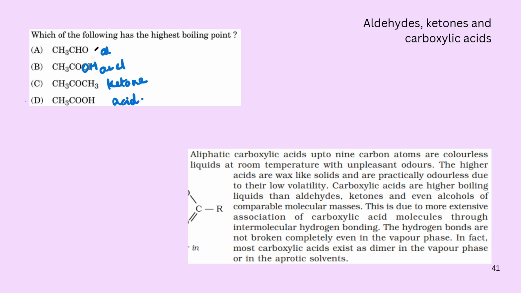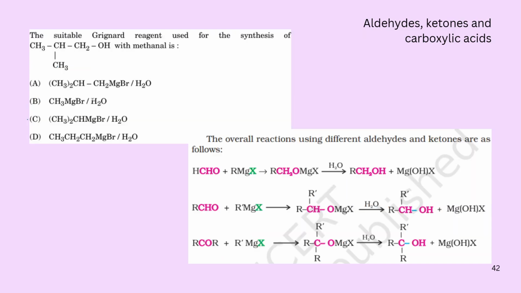So this won't be the case. And compared to aldehydes and ketones, acids are obviously going to have a higher boiling point when you have a comparable molecular mass. And because of that, the answer is option D, because of intermolecular hydrogen bonds. And I hope at this point you know what inter and intramolecular hydrogen bonds are. If you do not, definitely let me know.